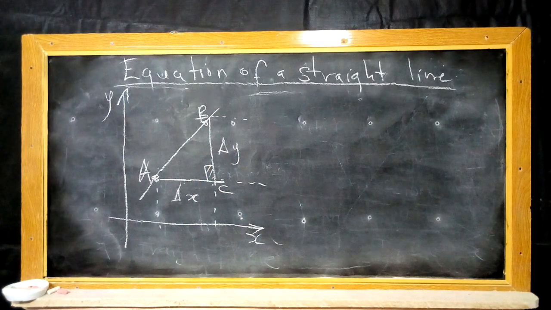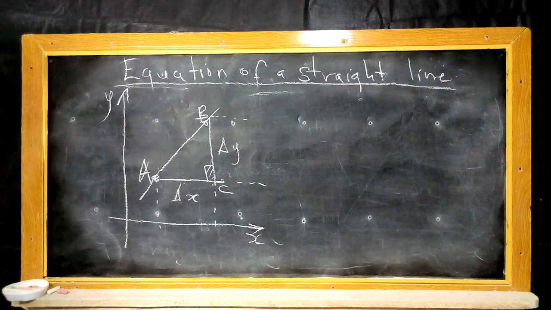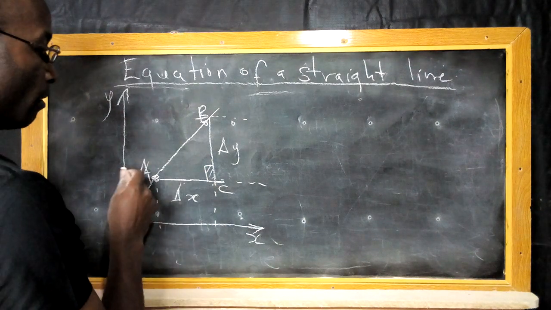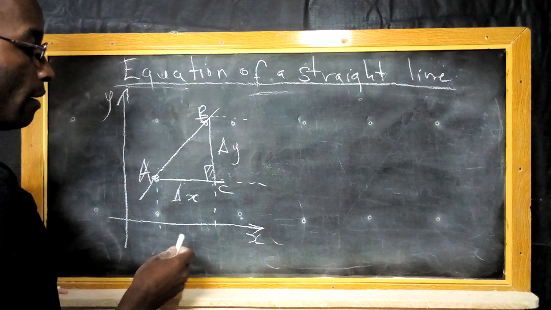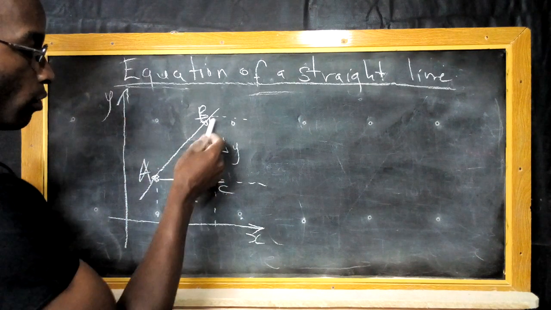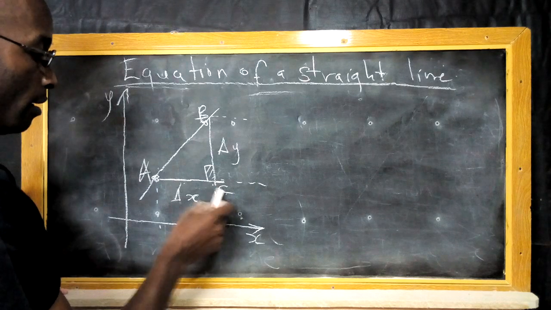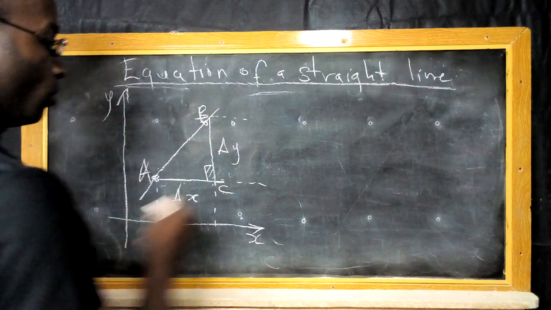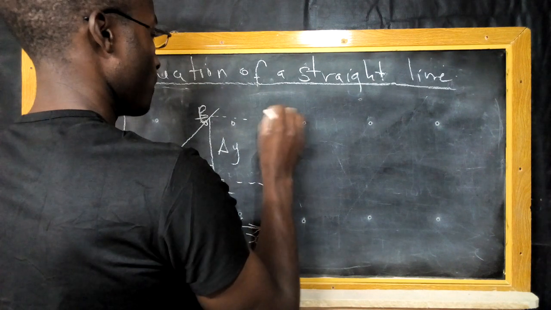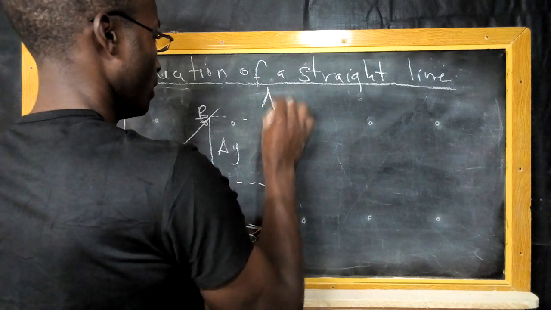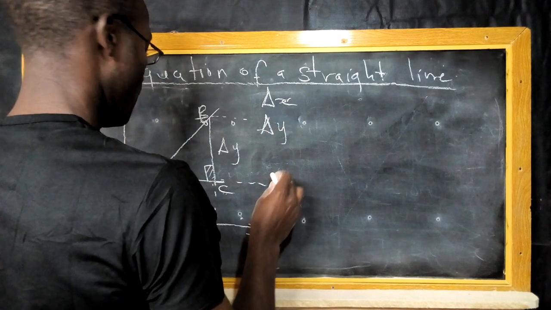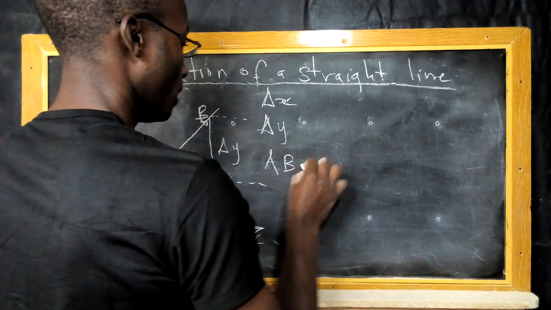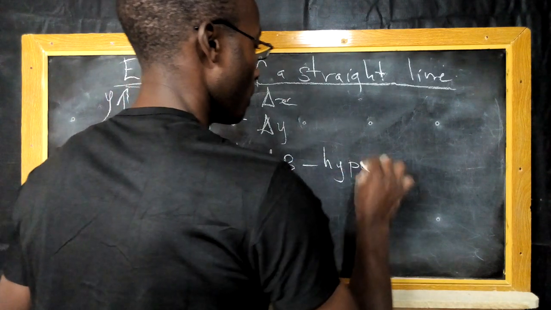Again, we said that AB is known as the hypotenuse. This one can be referred to as the opposite or the height, and this one is the base. So we have the displacement in x, the displacement in y, and then AB, which is known as the hypotenuse.